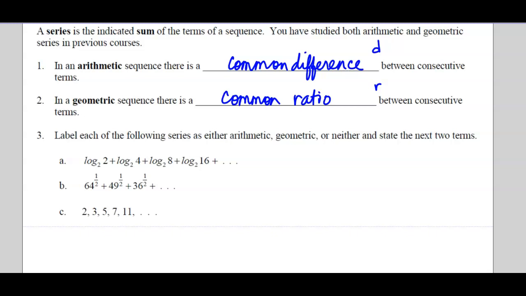If I forget a formula, I rewrite it. You don't need to talk. You just silently evaluate the terms in those series, because they're added together, and see if there's a common ratio or a common difference.